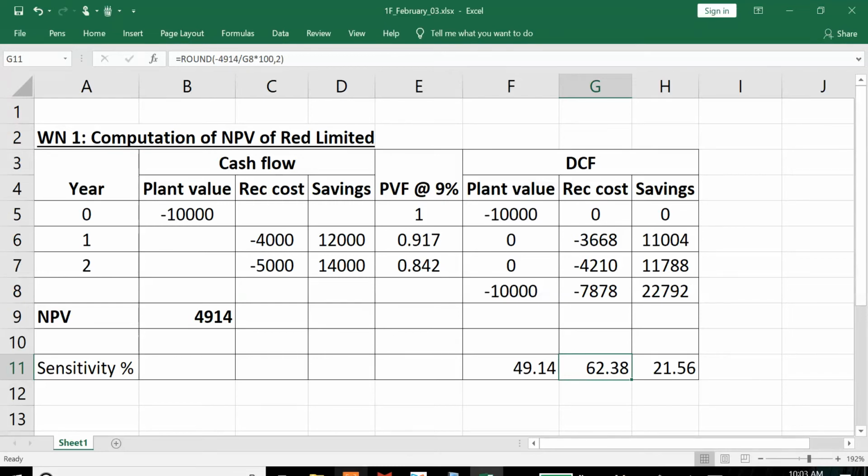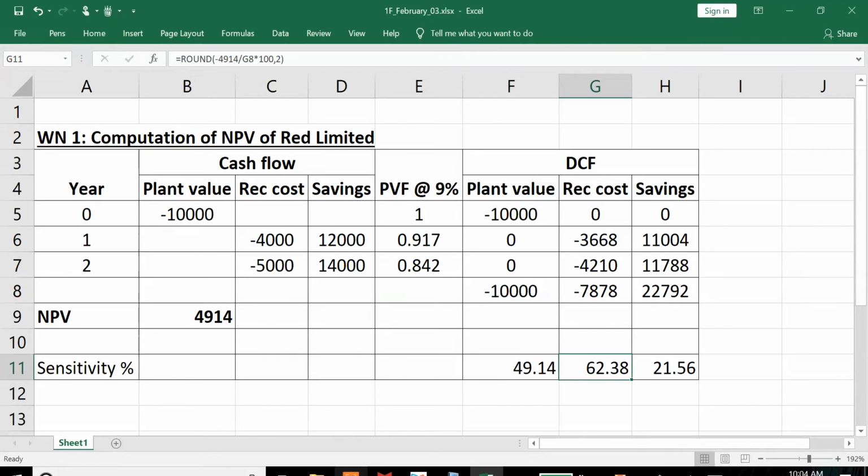The project will generate 0 NPV if the present value of recurring cost increases by 4914. Any doubts on this?